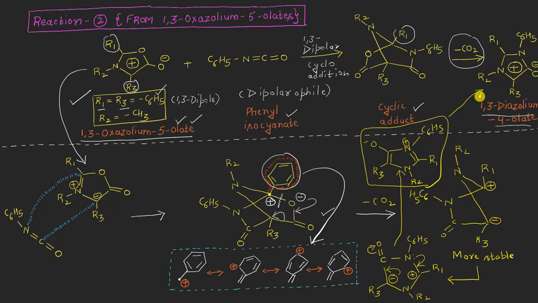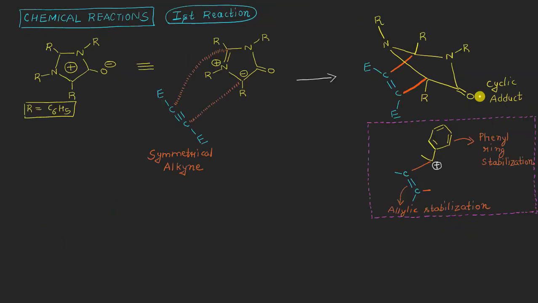The next topic is the chemical reactions of the same mesoionic molecule. You can see here, this is the very first reaction, which occurs with a symmetrical alkyne molecule. Let me write here, this is my dipolarophile. And this is the mesoionic molecule, which we can refer to as our 1,3-dipole, right?